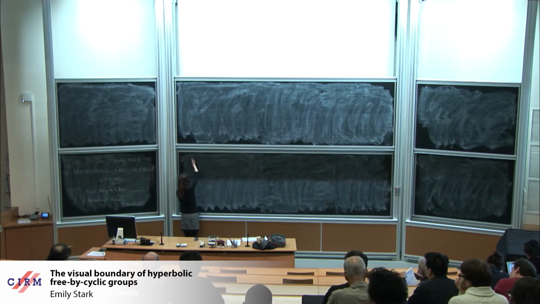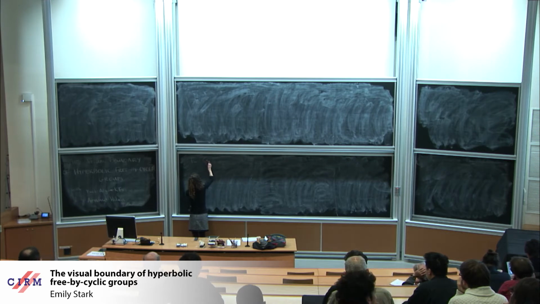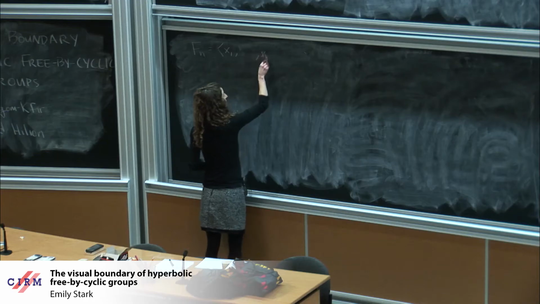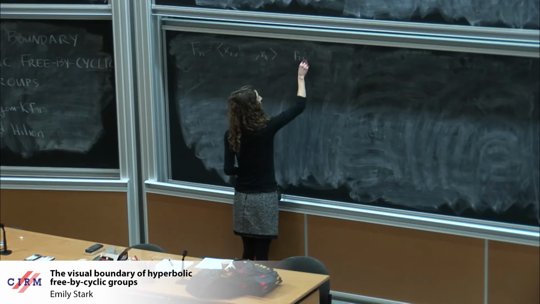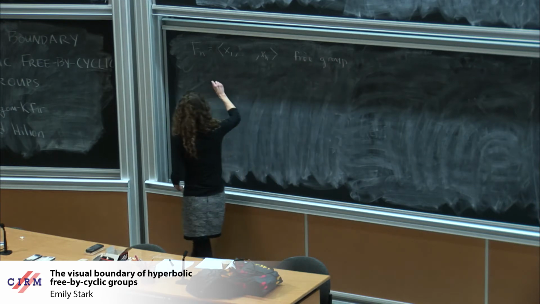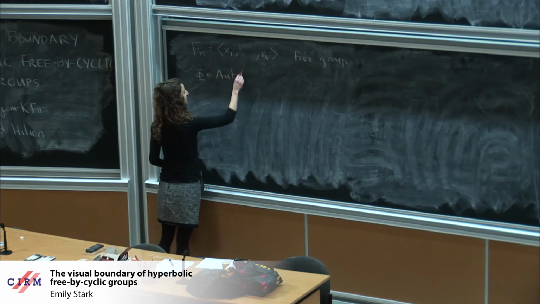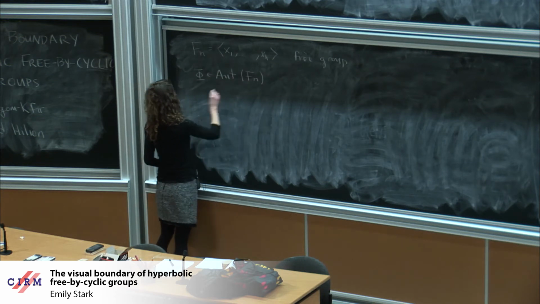Let Fn denote the free group on n generators, and let phi be an automorphism of the free group.